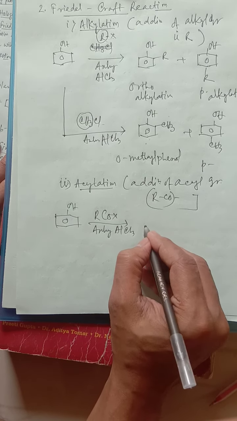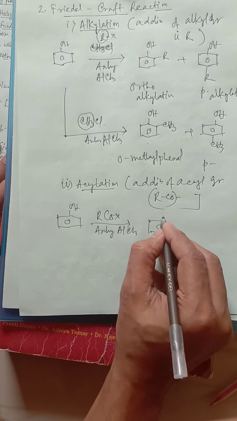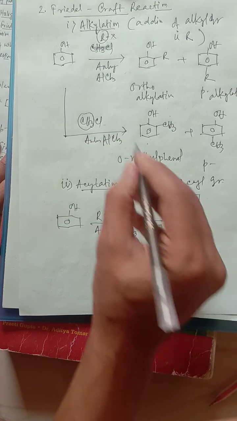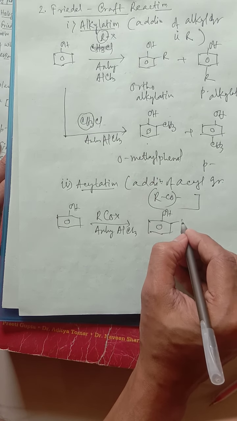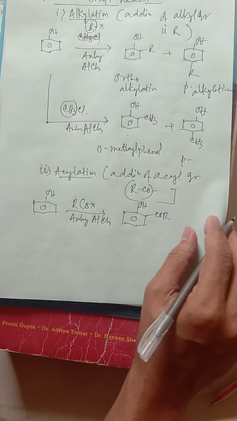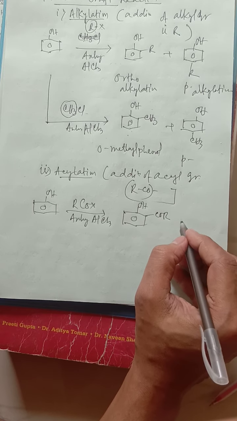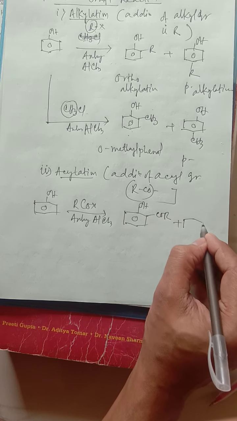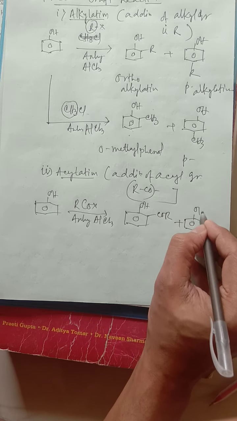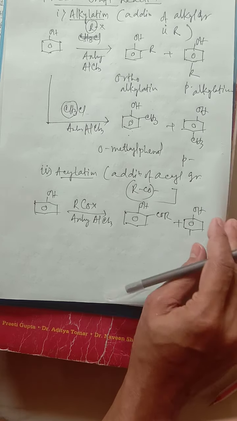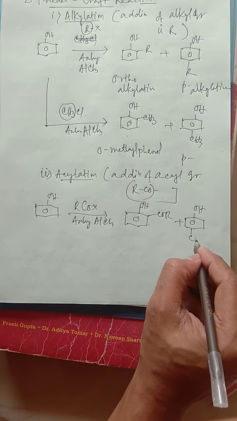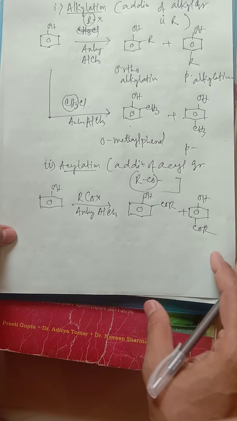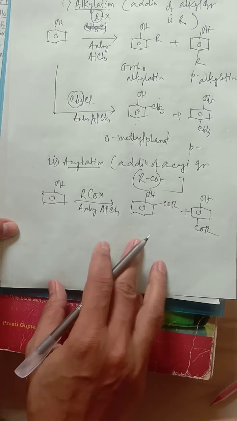So the product is more or less the same. In that case it was R, now it will be COR. And here this is the ortho substitution I have written. Obviously, as I have discussed, the para position also will be occupied, that means ortho and para isomers.